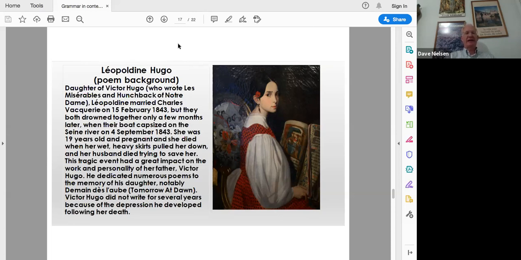And she was only 19 years old and pregnant, and she died when her wet, heavy skirt pulled her down and her husband died trying to save her.